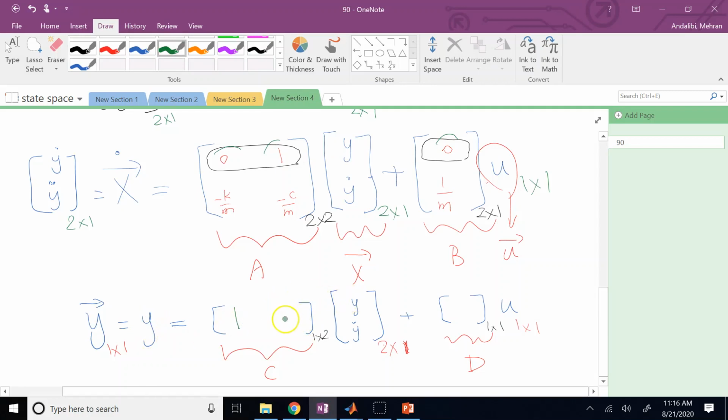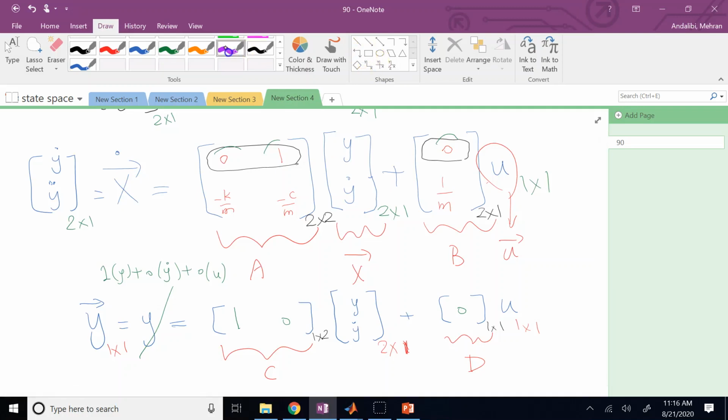There is no y dot, so I can write it as 0 y dot, and then 0 times u, right? Because I can write this as 1 times y plus 0 times y dot plus 0 times u. So I can use 1, 0, and 0. And that's how I form my two equations, right?